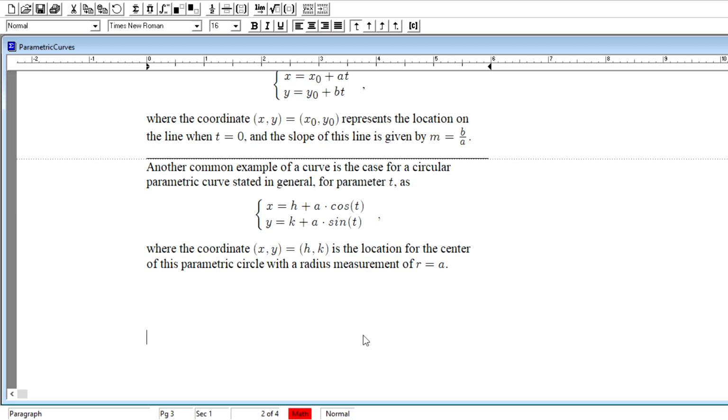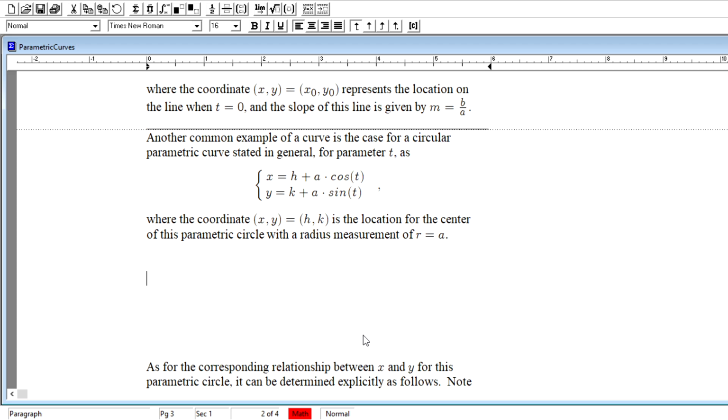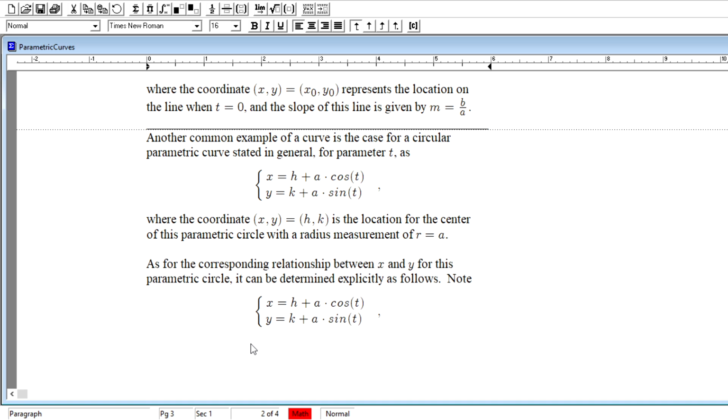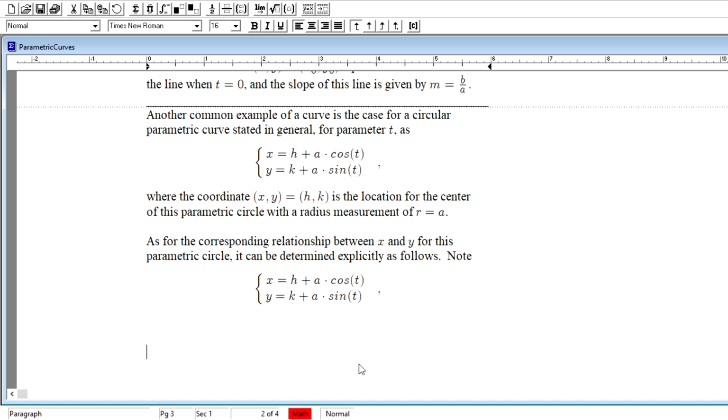In this case, if you note the corresponding relationship between x and y, it can be determined explicitly as follows. This set of parametric equations does imply that if we were to solve for the cosine of t, we would subtract h and divide by a.